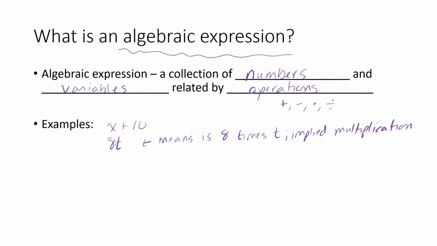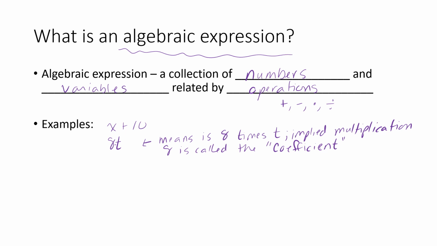Now, there is a name for that. 8 is called the, and I'll put this in quotation marks, coefficient. My E there is the greatest. So 8 is called the coefficient.